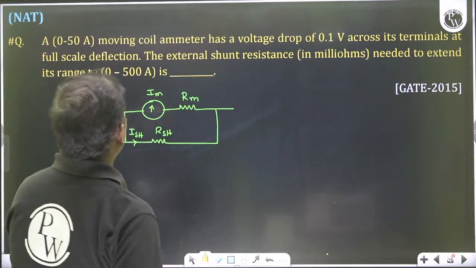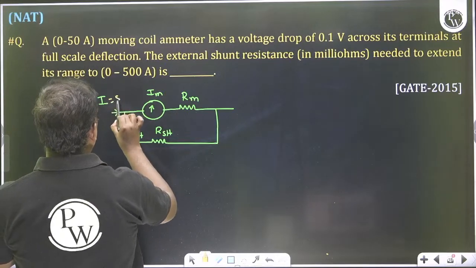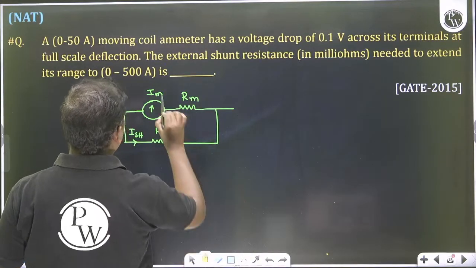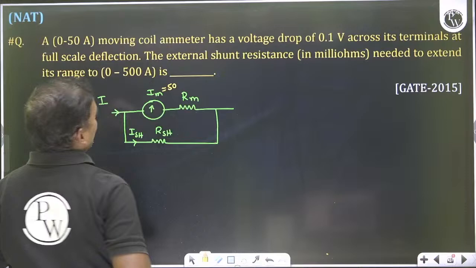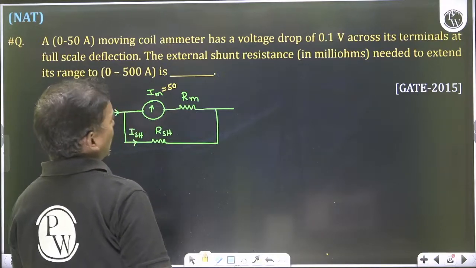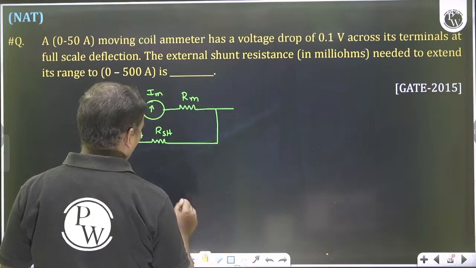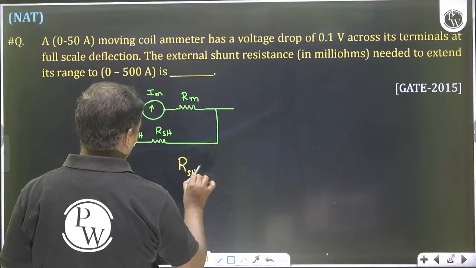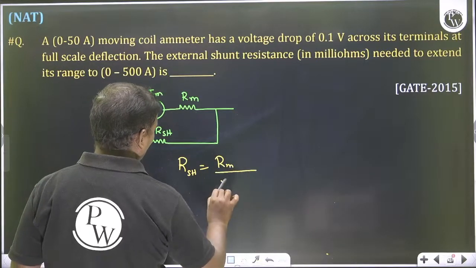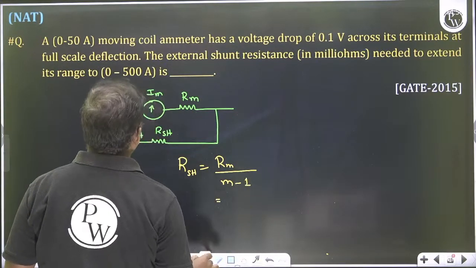0 to 50 amperes moving coil ammeter. So this is 50 amperes. It is asking the external shunt resistance. So directly, by using the formula Rsh is equal to Rm by m minus 1, I can use it, right? So Rm is how much?